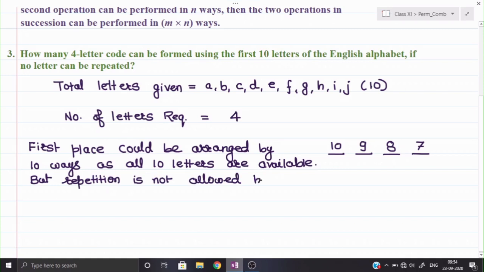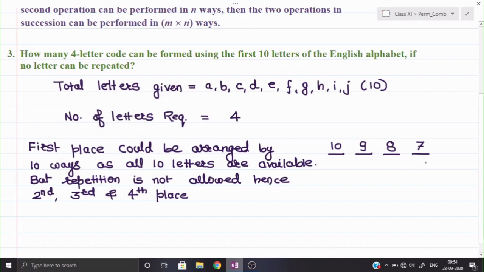Hence the second, third and fourth places could be arranged by 9, 8 and 7 ways respectively. One thing to remember: my first place is left, and the first, second, third and fourth places go left to right.